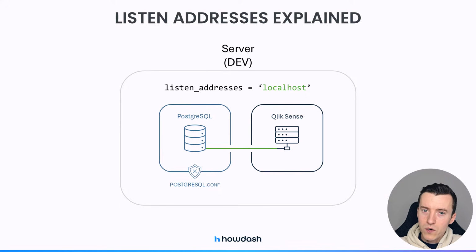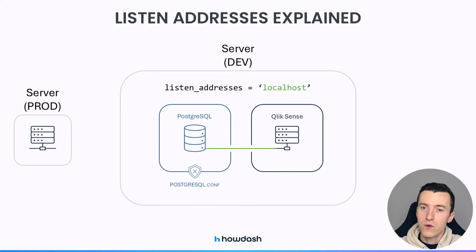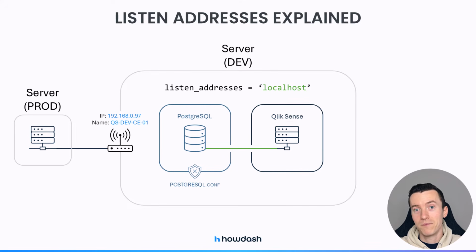But since we're working on allowing remote connections, those remote connections will be coming through an Ethernet cable that's connected to your server's network card. The network card has an IP address and a name. If you want your PostgreSQL server to listen for remote requests coming through the network card, you will need to tell PostgreSQL to listen for those requests.